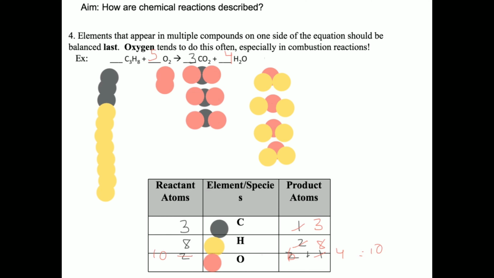Let's see what this looks like in pictures. Now we have 10 oxygens. So if we examine the reactant side separate from the product side, you'll see that on each side we have 3 carbons, 8 hydrogens, and 10 oxygens. Here's 6 and here are 4 more.